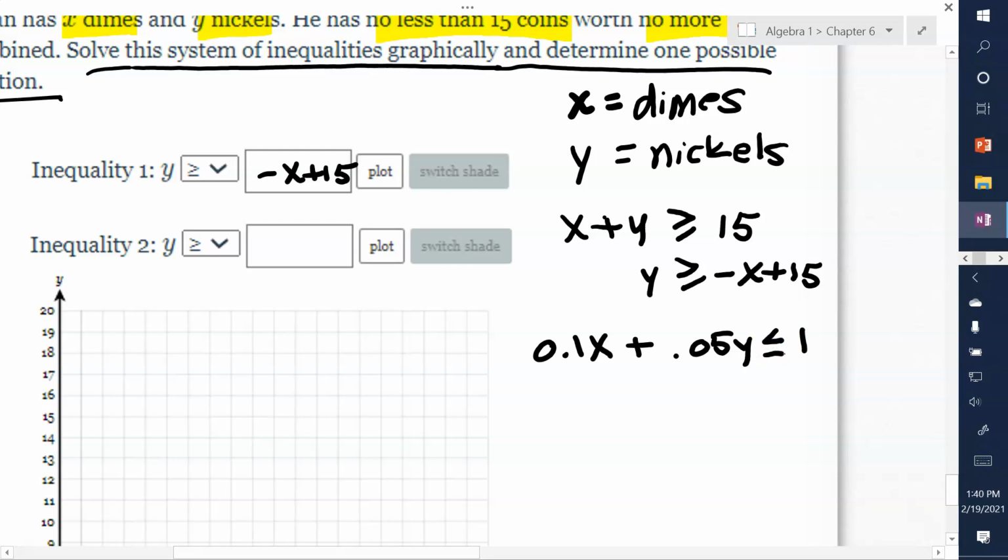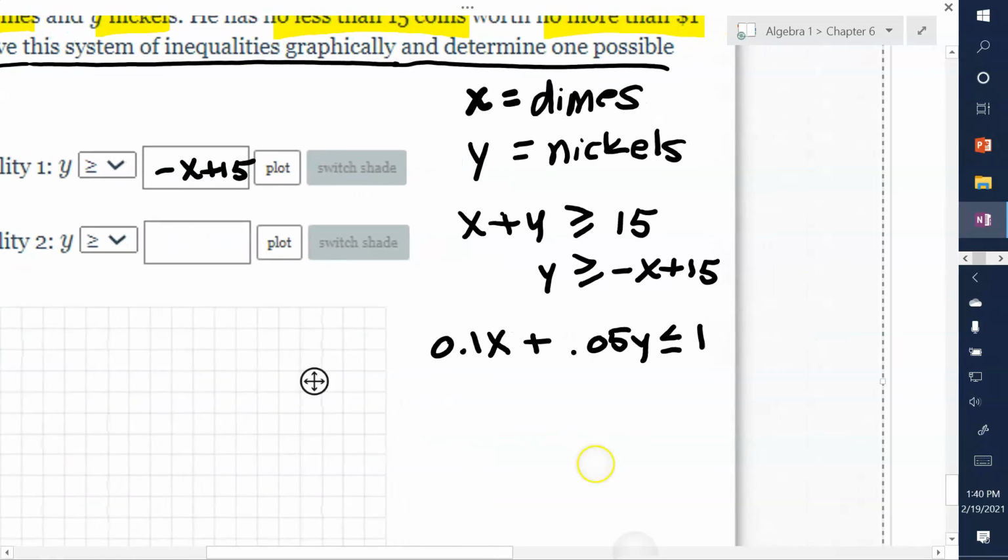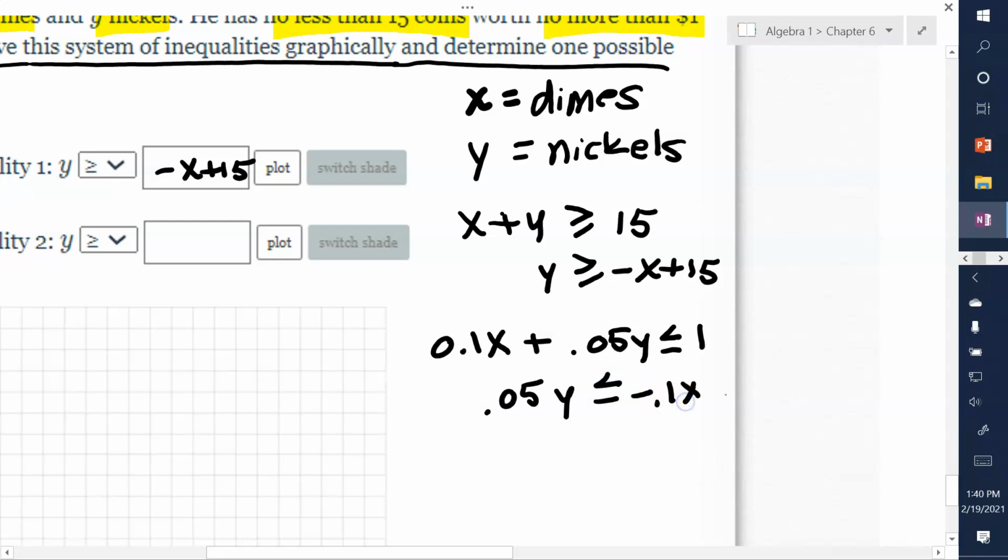And again, let's convert this to slope-intercept. So I'm going to subtract 0.1x from both sides. I get 0.05y is less than or equal to negative 0.1x plus 1. And then I need to clear out that 0.05. So I need to divide both sides by 0.05. So y is going to be less than or equal.